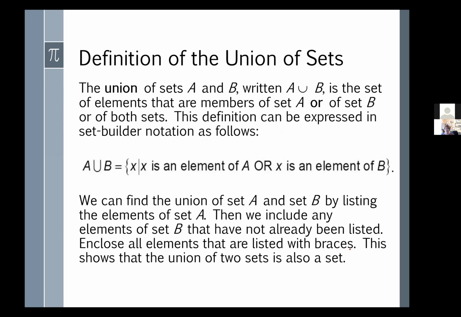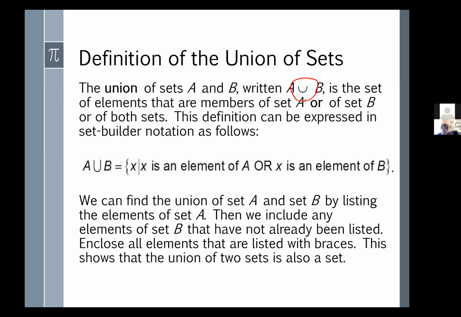Now, what we use more frequently in algebra is the union of two sets. So what does that mean? We use a U for union. And in MyMathLab, you will sometimes see in your toolbar on your problem a big capital U. That means union.